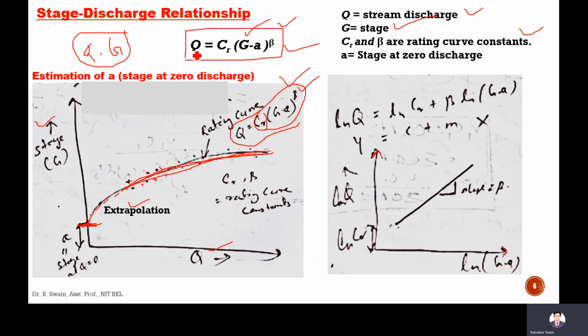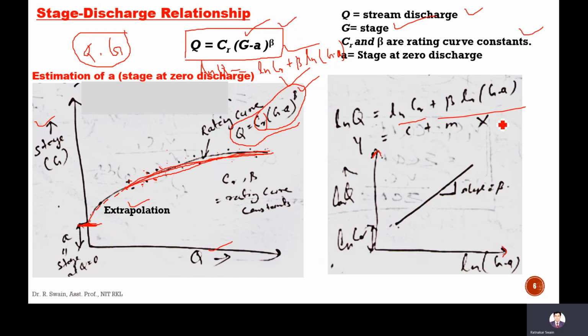Taking log on both sides, ln Q equals ln C_R plus beta into ln (G minus A), which is in the form y equals c plus mx.